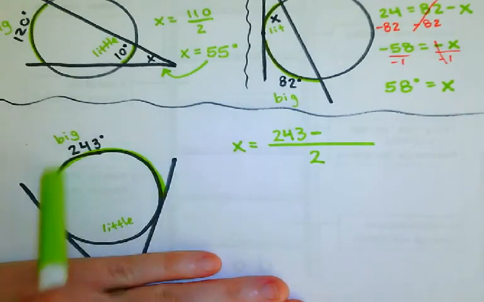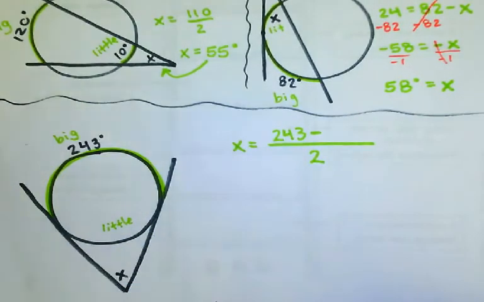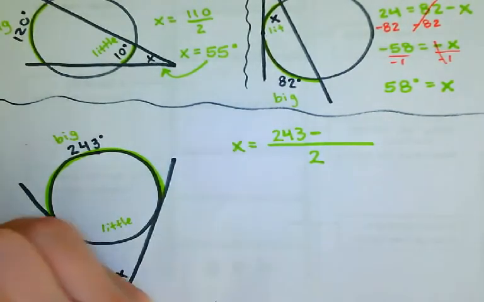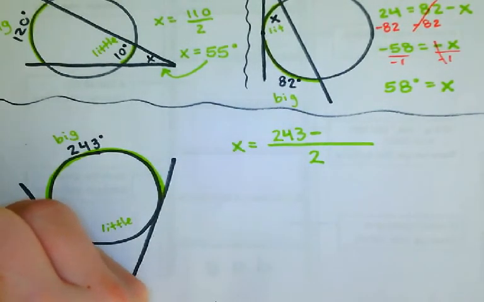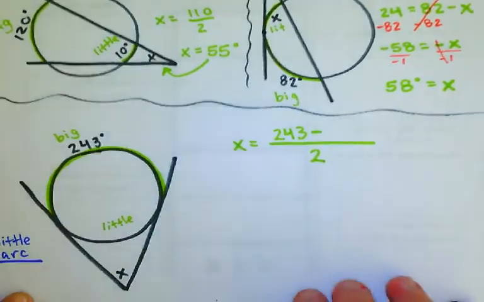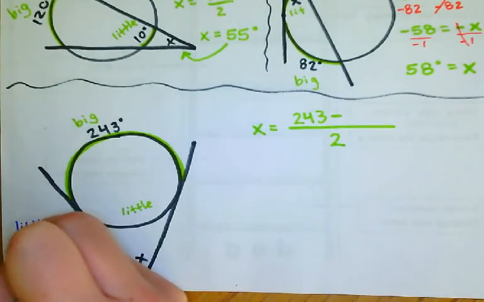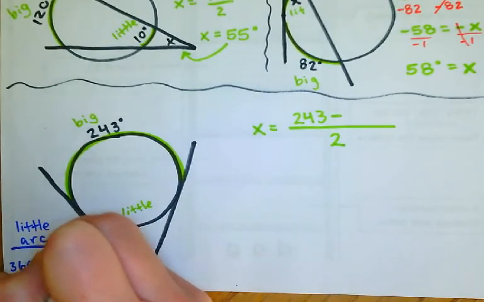We have a full circle, right? And if I know that this part of the circle is 243, how am I going to find the little part of the rest of my circle? Well, a circle has how many degrees? 360, exactly. So, to find our little arc, we are going to take 360 minus 243.